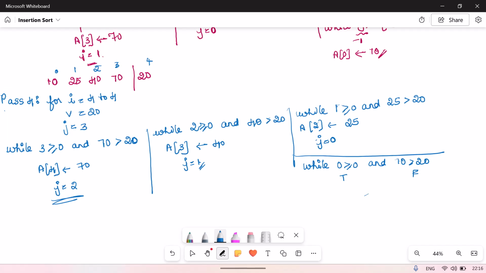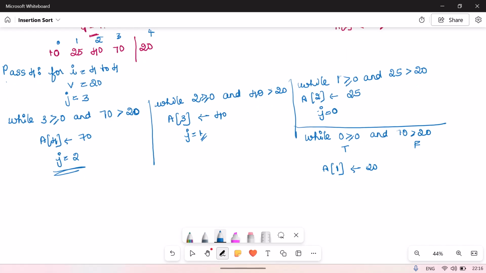Remember, you have to take that value v, which is 20, and put it in A of j plus 1, so at 1. Okay, so I'm getting the order as 10, then 20, 25, 40 and 70.